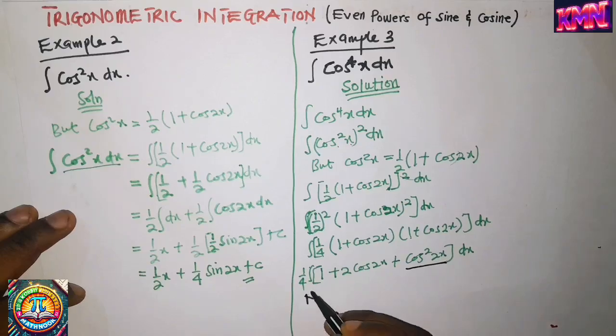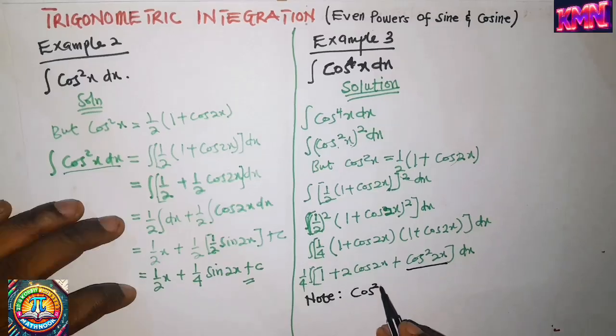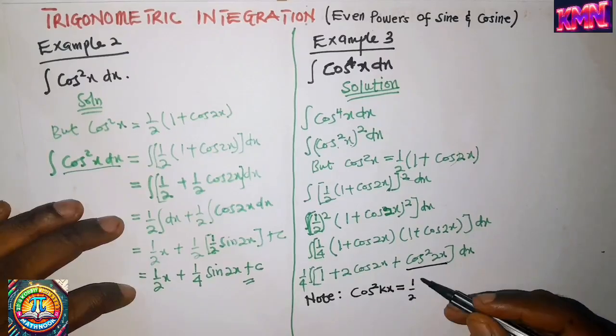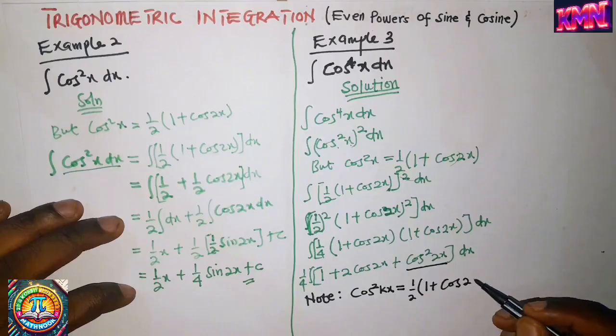Note, to generalize, if you have cosine squared kx, it is equal to half of 1 plus cosine 2kx.